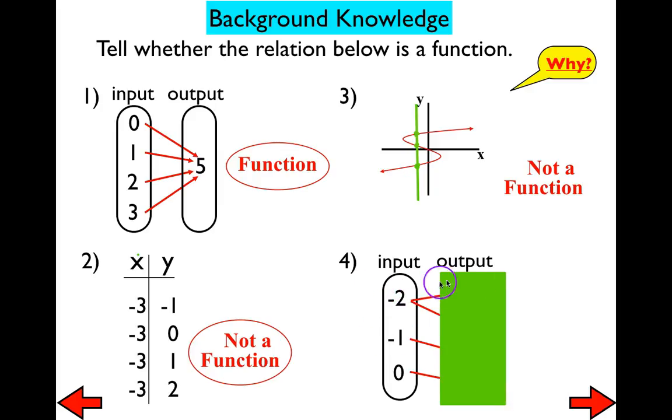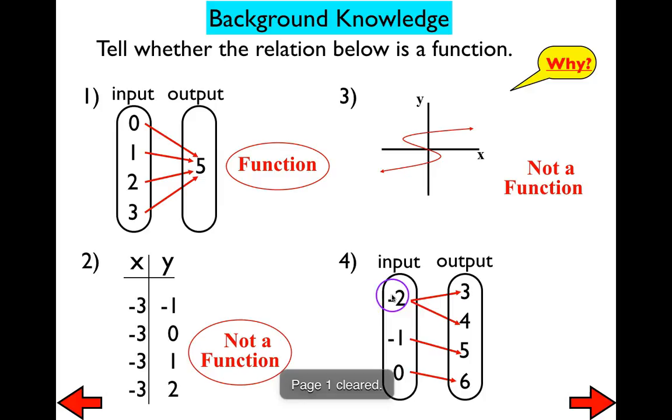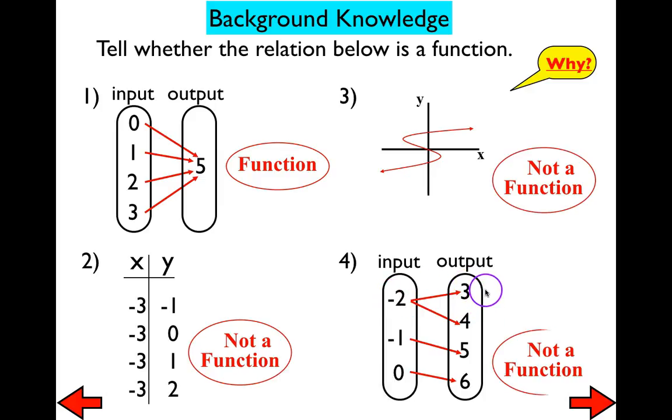If you look here, you will notice that the input of -2 has 2 different outputs, and even if I were to reveal, you would see it has an output of 3 and 4, so it's not a function. So remember, in order for a relation to be a function, for each input there has to be exactly one output.